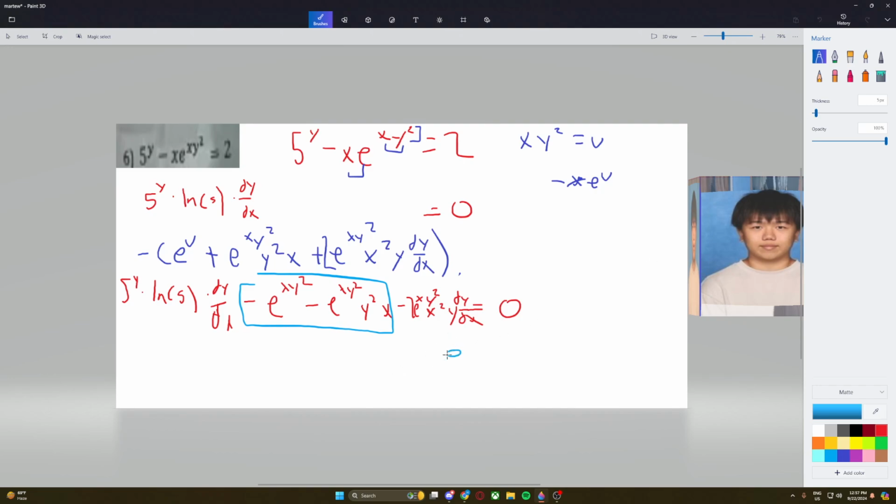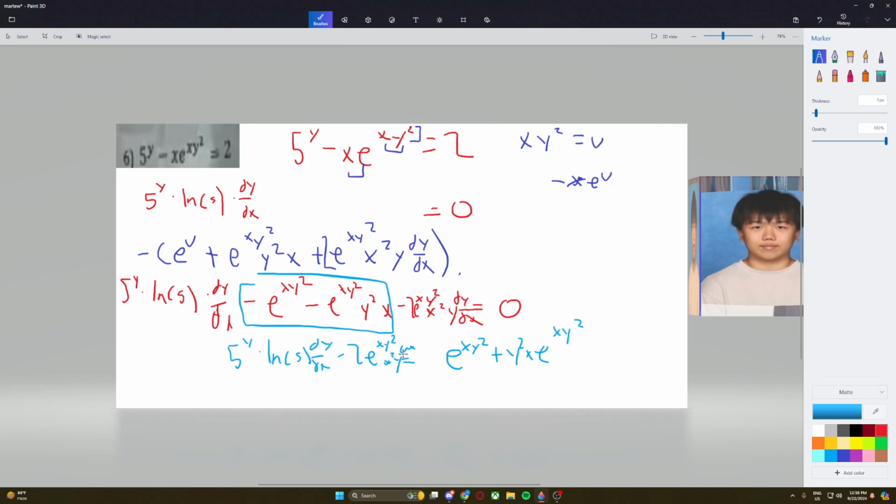That's e^(xy²) plus y² x e^(xy²). And what we have left on the other side is 5^y ln 5 dy/dx minus 2 e^(xy²) x² y dy/dx.